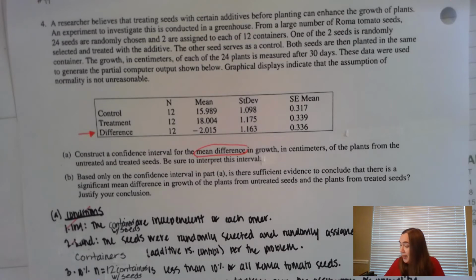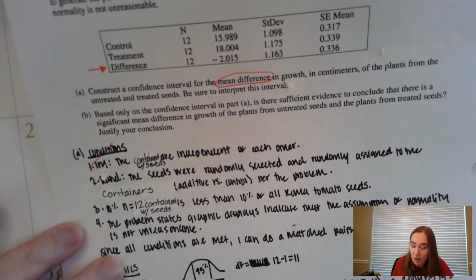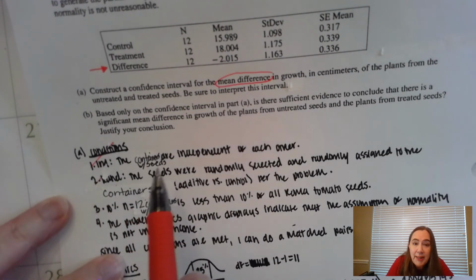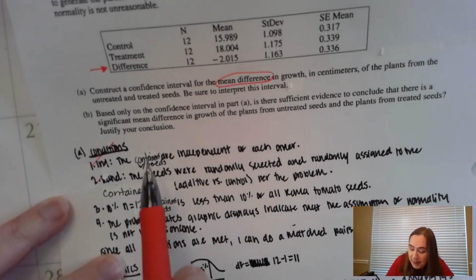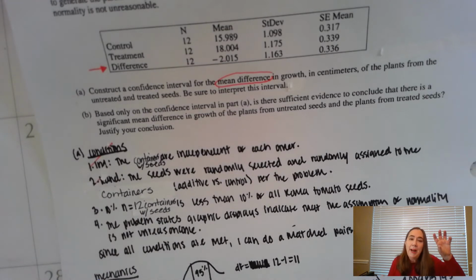To do an interval of any type, we've got to check conditions first. So we're going to check for independence. The containers with seeds are independent of each other, because I want to address the containers, since that's what the pairing is of, but I also want to get the seeds in there because the seeds themselves are also independent of each other.